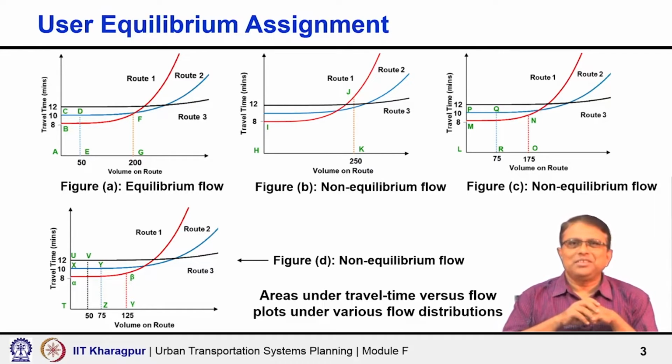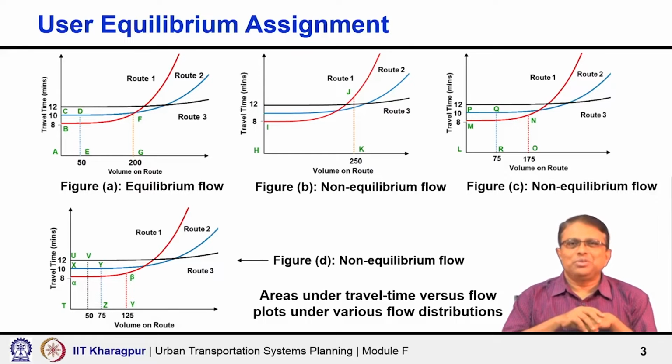So, naturally, we can formulate it that we want to minimize this area under these curves with the flow distribution along different paths.